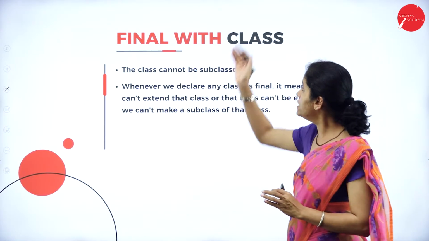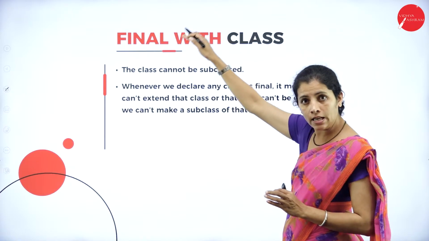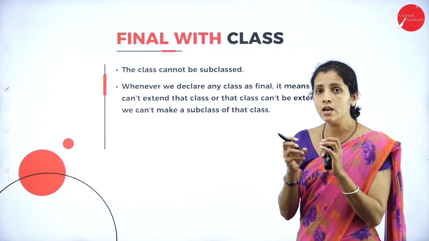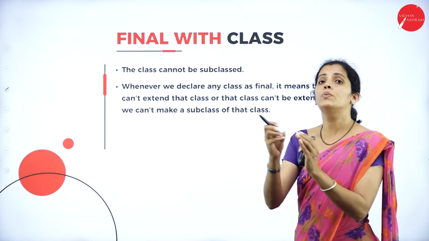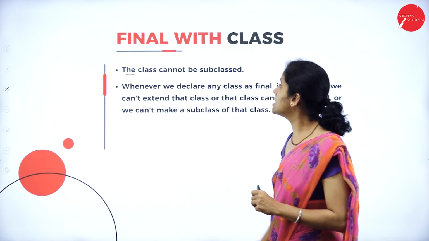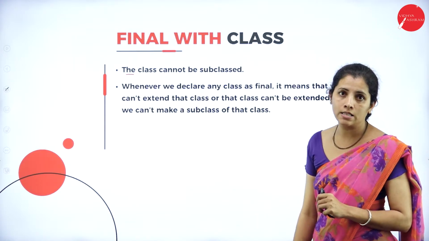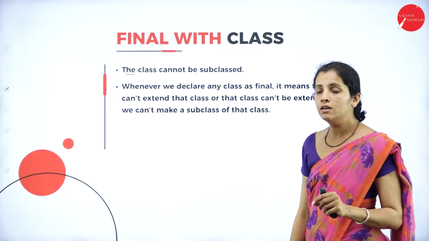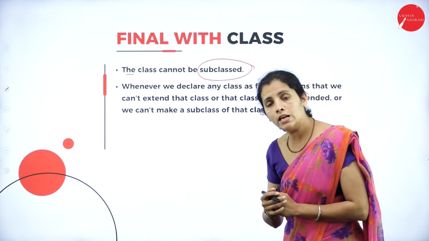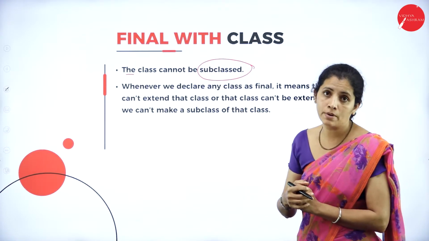Now, I have the final keyword with a class. In the sense, I'm going to use the final keyword with my class. So, dear student, a class cannot be subclassed. What is subclassed, and where do we encounter the word subclass?